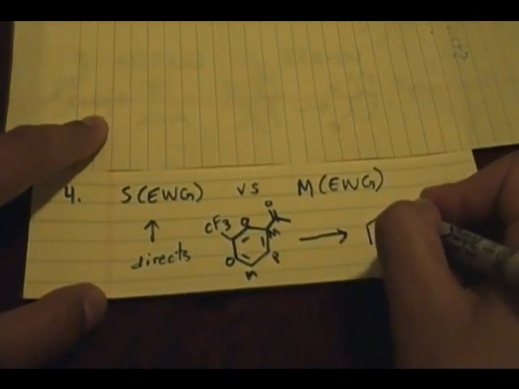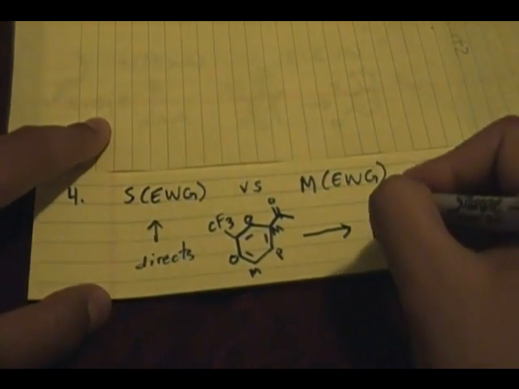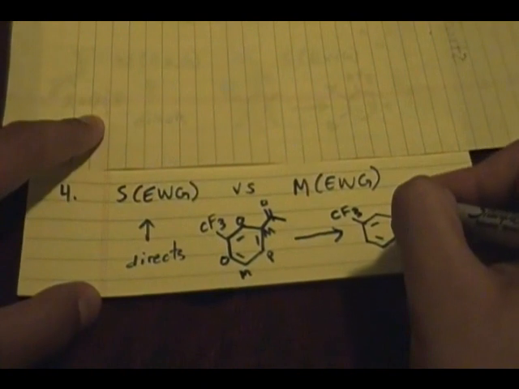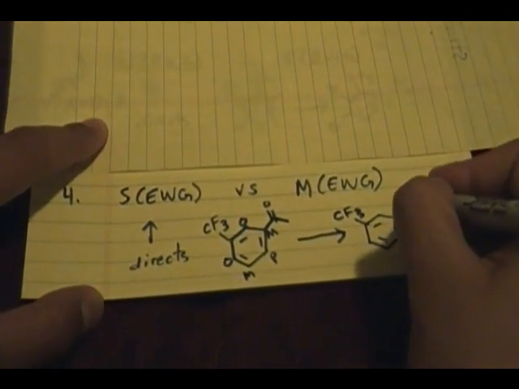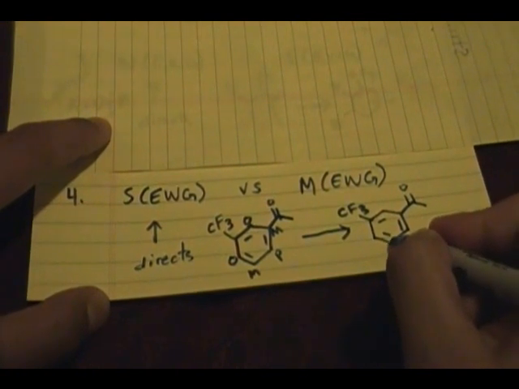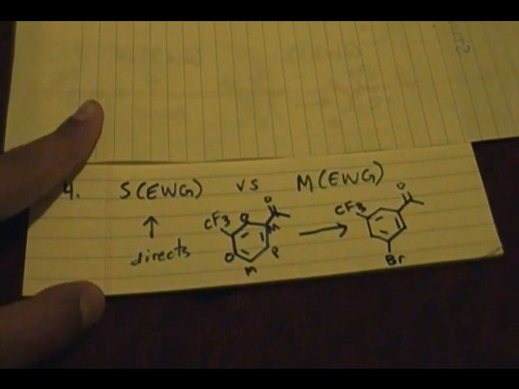So your product, which will be only one product, will be, you have your CF3 there, you have your ketone there, and then in the meta position, which is right here, you have your bromine. And there you have it.